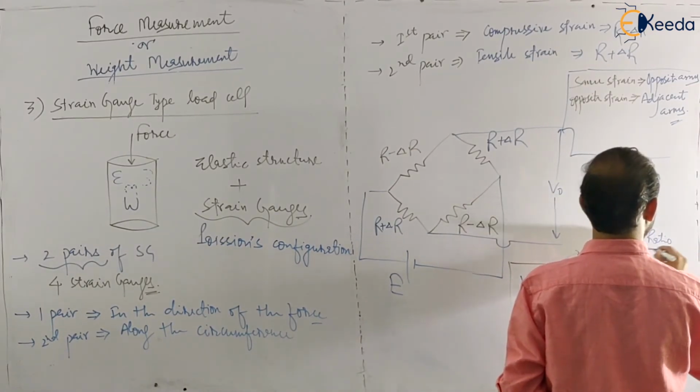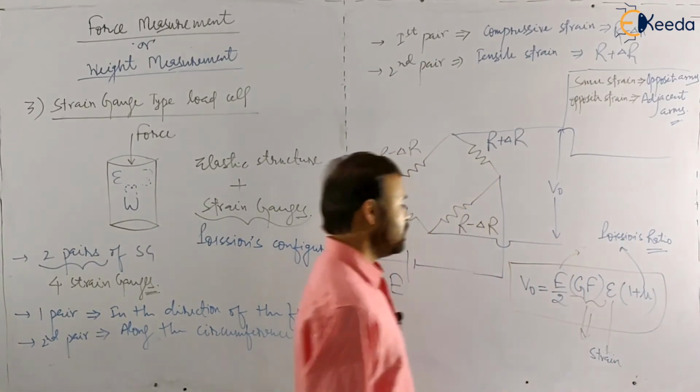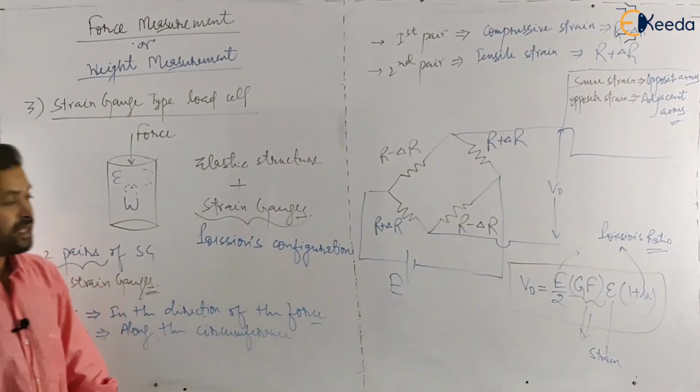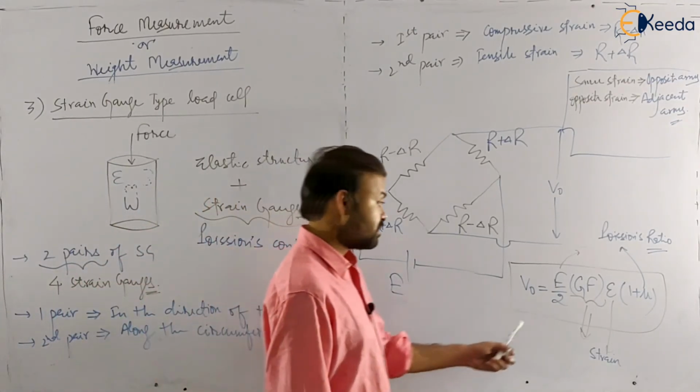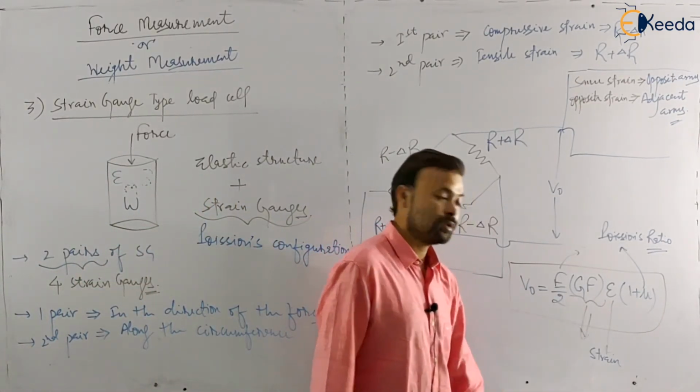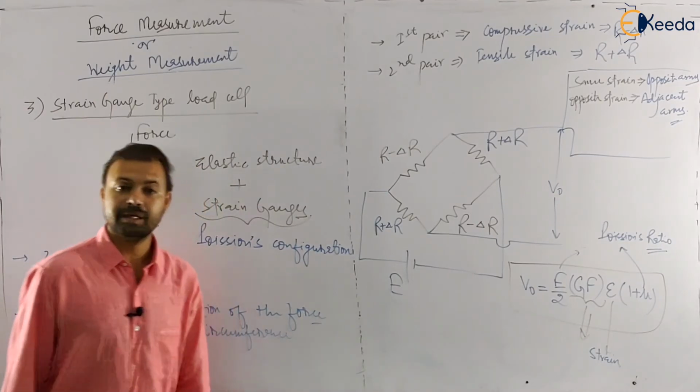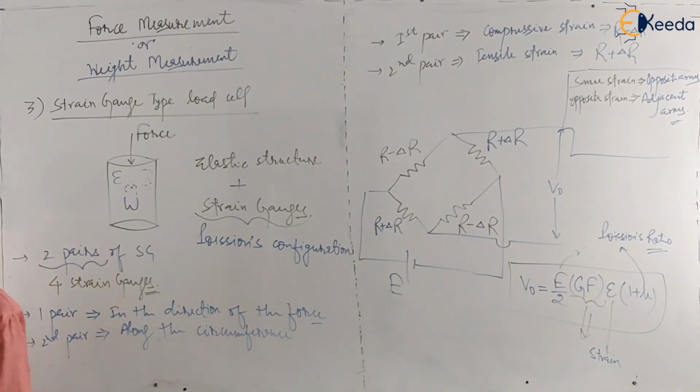So by connecting these strain gauges, we can measure the output voltage from this formula, E by 2 gauge factor epsilon into (1 plus mu).